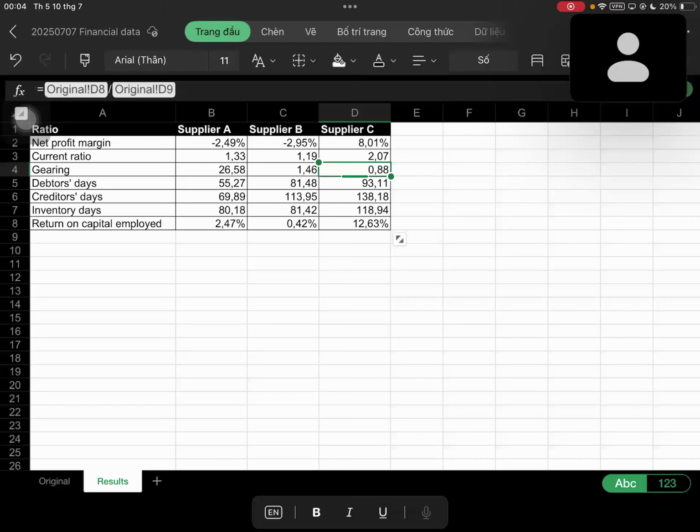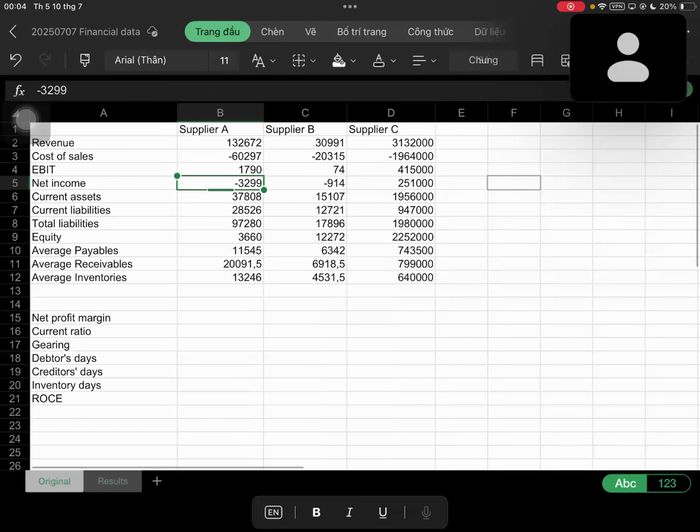As you can see, I use the formula 365 multiplied by the average accounts receivable divided by the revenue. These are the numbers that I calculate from. You could compare this on row 11, which is accounts receivable. So debtors days is B11 divided by B2 multiplied by 365.